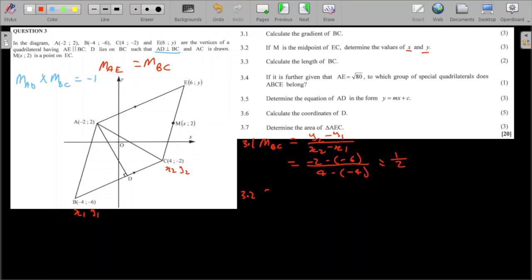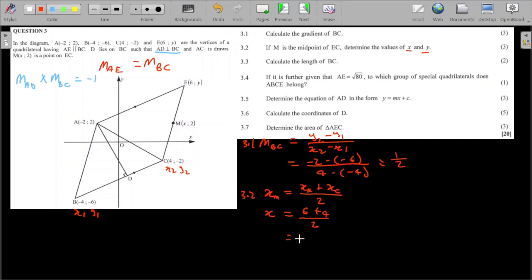The x of the midpoint M is equal to the x of E plus the x of C, all over 2. So x of E is 6 plus x of C, which is 4, divided by 2.